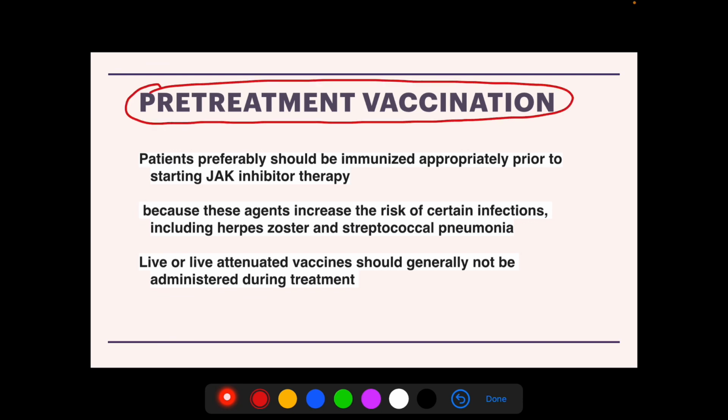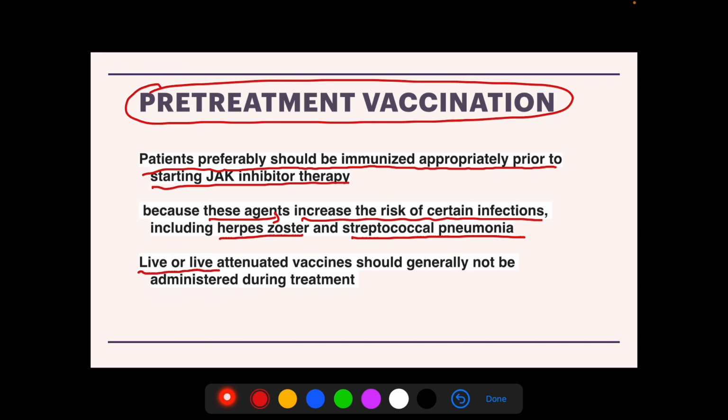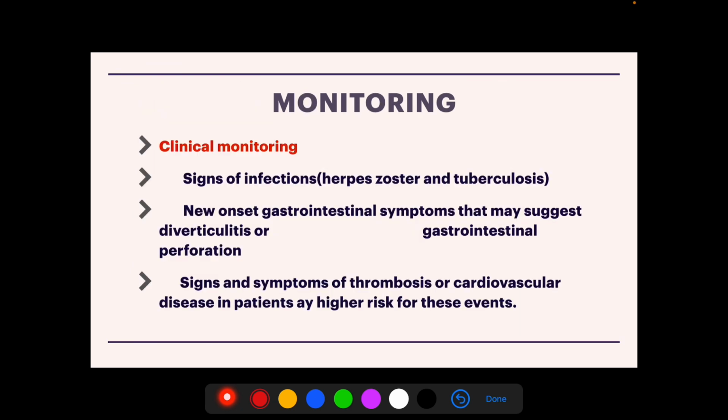Pre-treatment vaccination. Patients should preferably be immunized appropriately prior to starting JAK inhibitor therapy because these agents increase the risk of certain infections including herpes and streptococcal pneumonia. Live or live attenuated vaccines should generally not be administered during treatment.